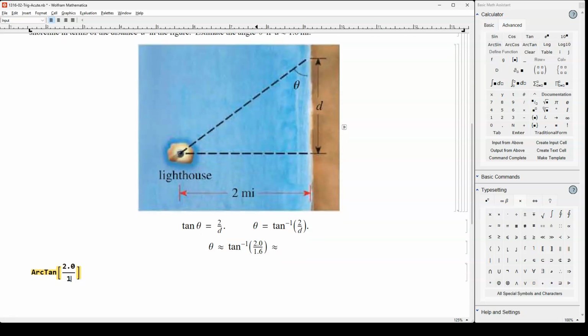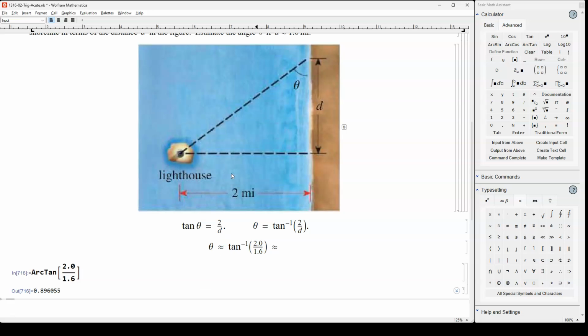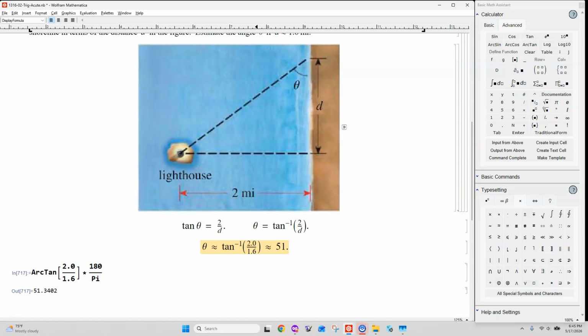Arctangent of 2.0 over 1.6, and this is what I get, but this is radian measure. Wolfram does radian measure, always. So I have to change it into degree mode. Alright, that is my conclusion in this case.